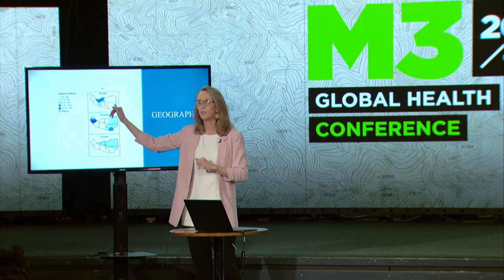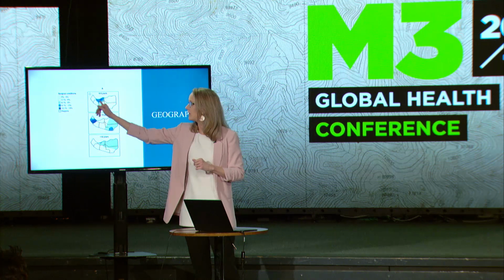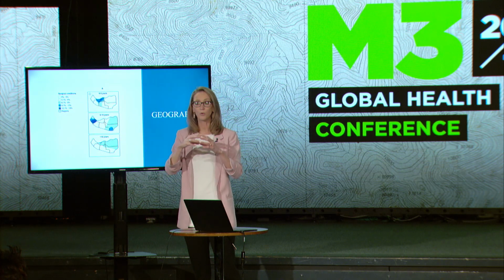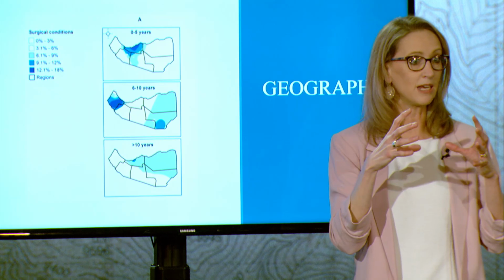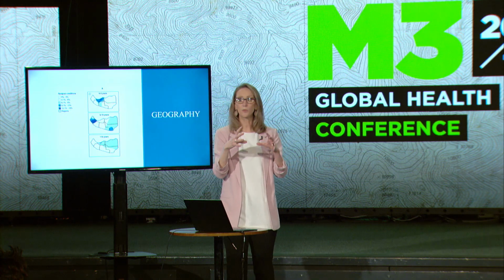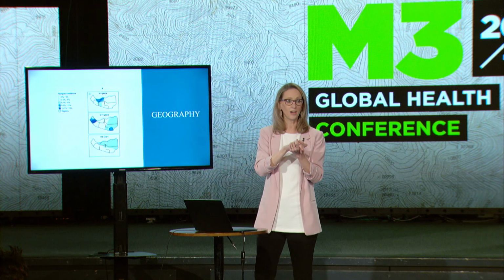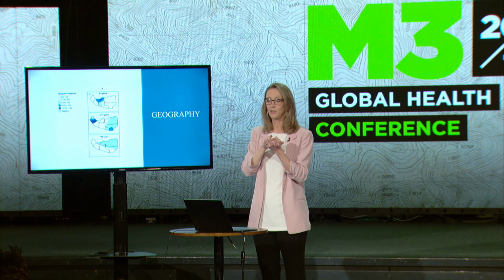We were also able to pinpoint what about, are there certain ages of kids that are affected more than others. And that's what you're seeing here. In this top box are little children, 0 to 5. Where you're seeing the hot spots up here is where the prevalence of unmet need is the biggest. So when we're thinking of scaling up, we want to go there and figure out how to meet those needs.